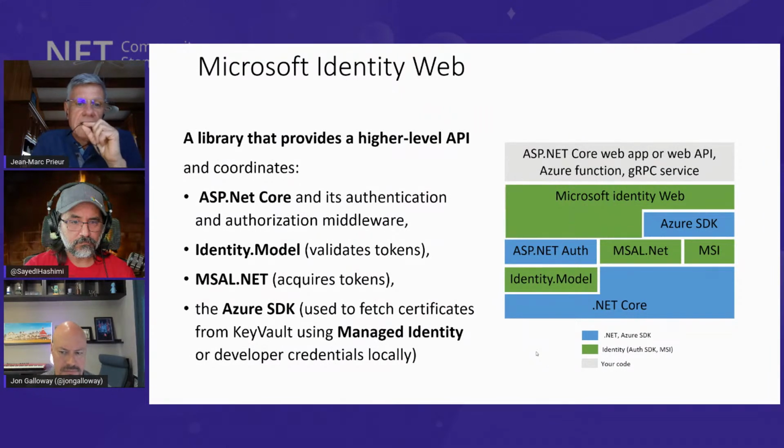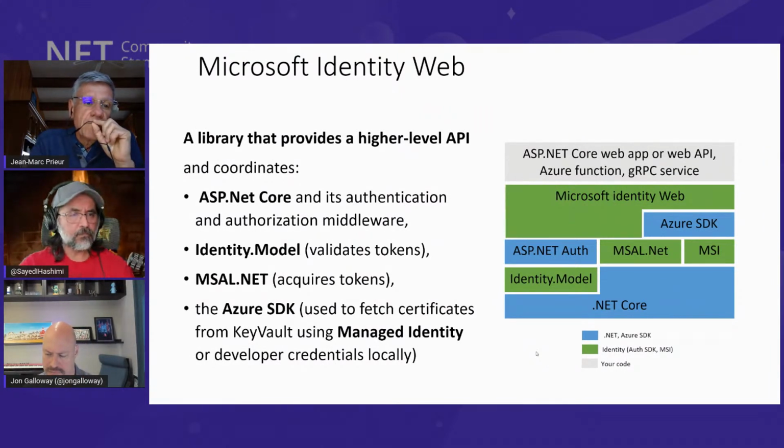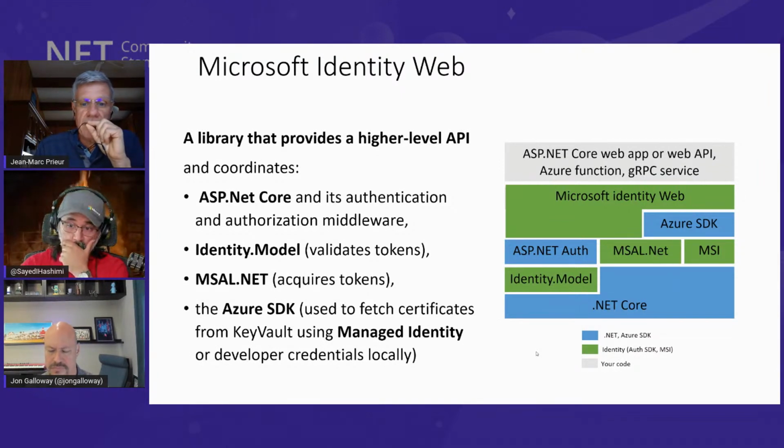Thank you. So on top of that, ASP.NET Core leverages in these templates a library which is named Microsoft Identity Web, and which does the link between .NET Core, identity model, which validates the tokens, ASP.NET authentication. So that's what ASP.NET Core provides, and then the authentication libraries, which are MSAL.NET to acquire tokens, and Azure SDK, which leverages managed identity.